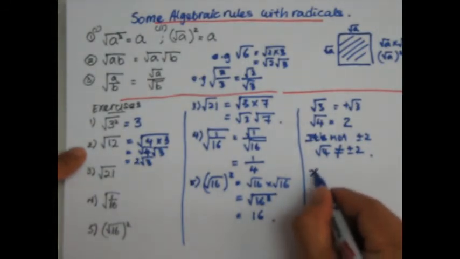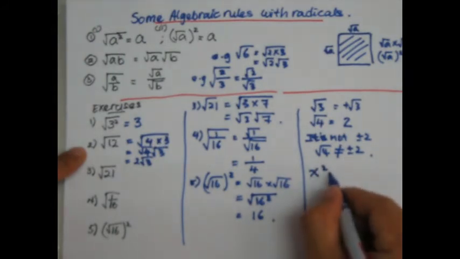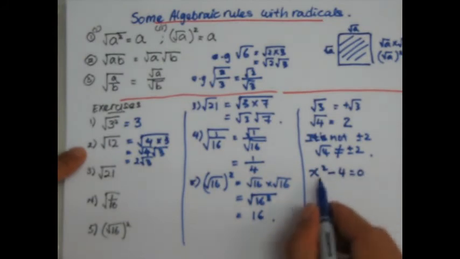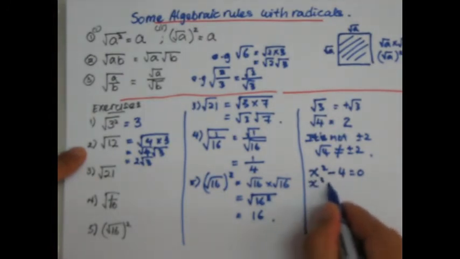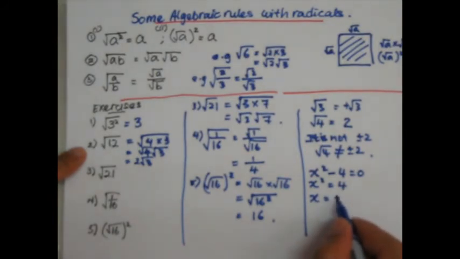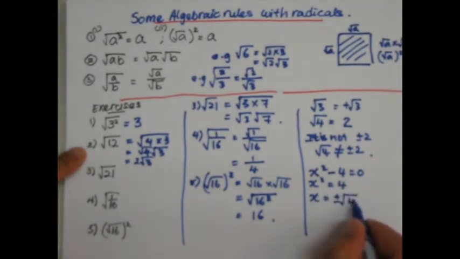For example, when you are solving an equation like x squared minus 4 equals 0, x squared is equal to 4, therefore x is equal to plus or minus square root of 4. So x can be 2 or negative 2. In this particular case I have plus or minus because you are solving an equation.